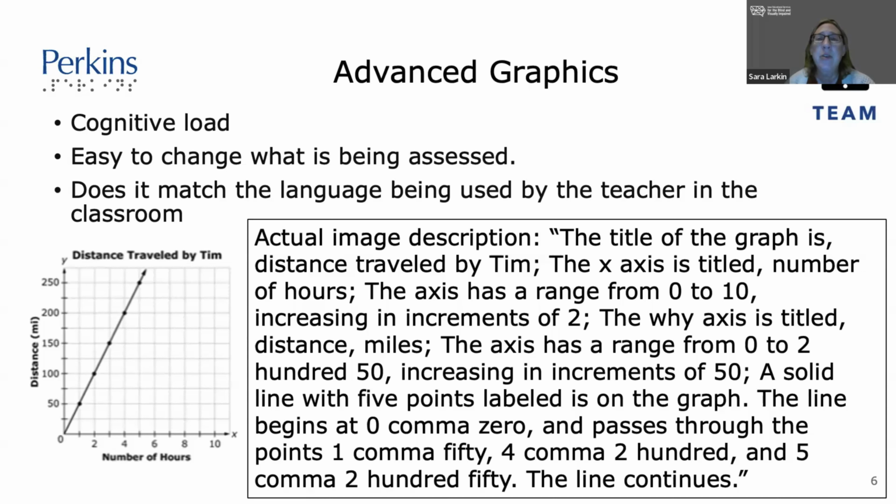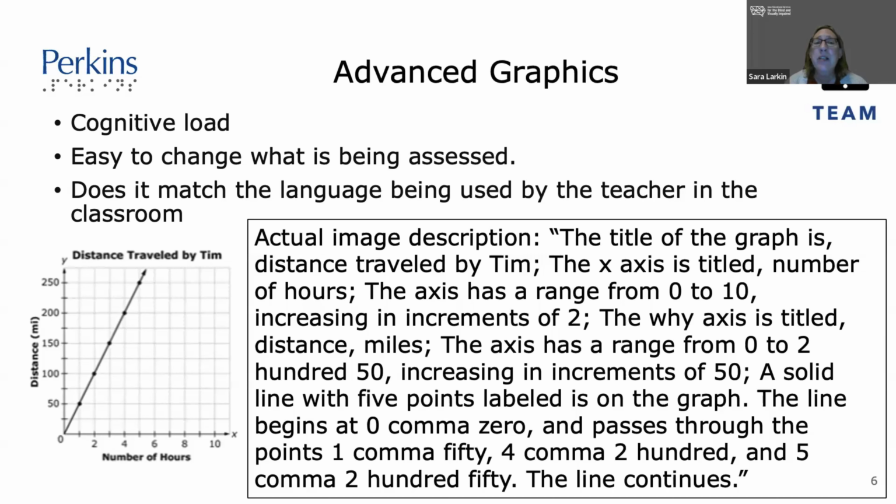The line continues. So imagine if I did not have that tactile graphic, or if I was just relying on that description, am I able to put that together and answer a question about that graphic on top of it? Now, even if I have a Braille display attached to this, that image description becomes more of a reading assessment as opposed to an assessment of how they're reading the graph itself.